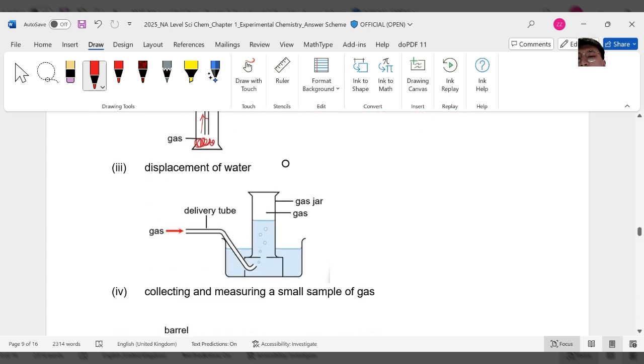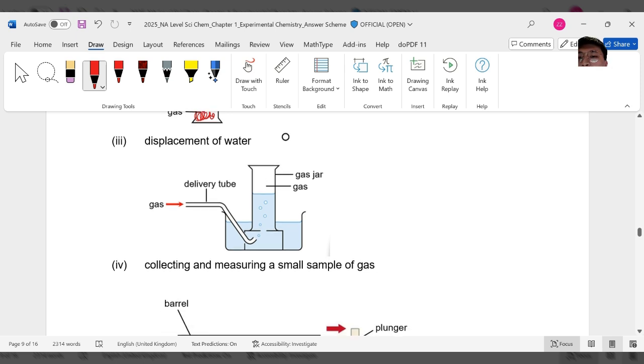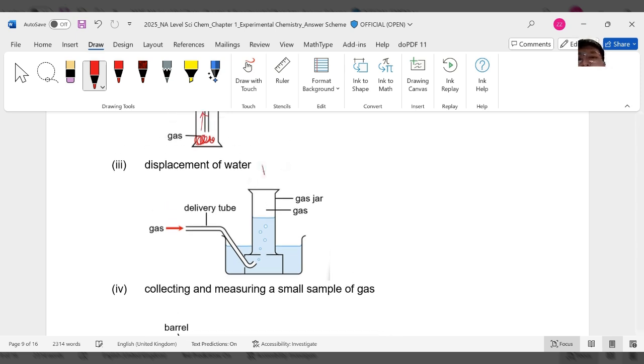The next one is displacement of water. We only use it for gases that are insoluble in water. This is how it looks, and you can also sketch it down. Initially the gas jar is completely filled with water.